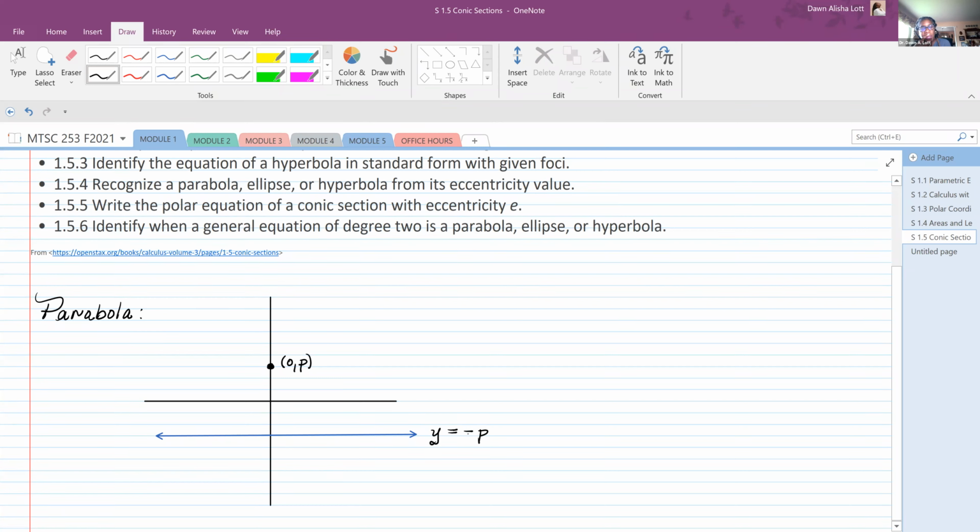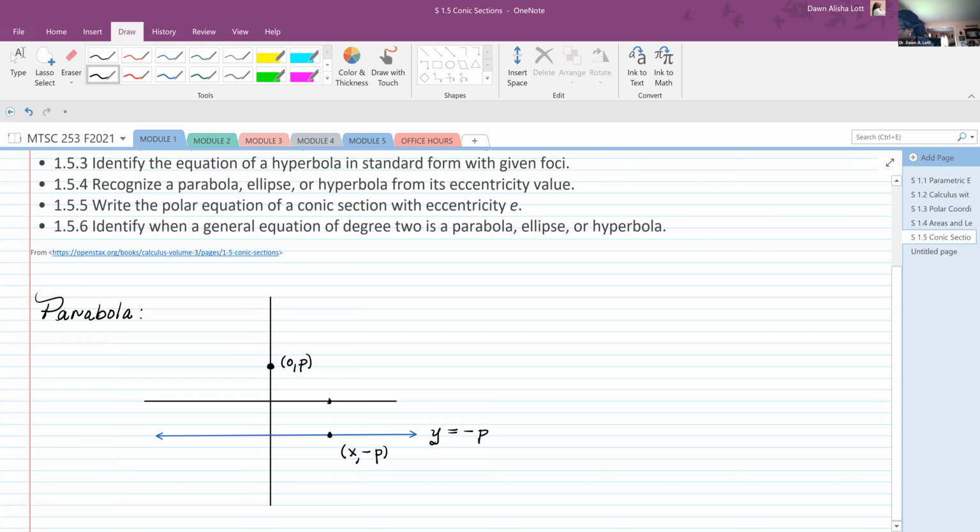Okay, so now what I want to create is all the points that have equal distance between them. So if I choose a point right here, here's X, and this point right here happens to be (X, negative P).